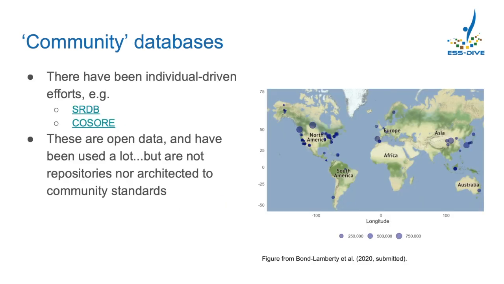But this then raises a big data question. There have been individual-driven efforts. About 10 years ago, the SRDB, the Soil Respiration Database, prompted a surge of syntheses and various analyses using it, a collection of seasonal to annual data.